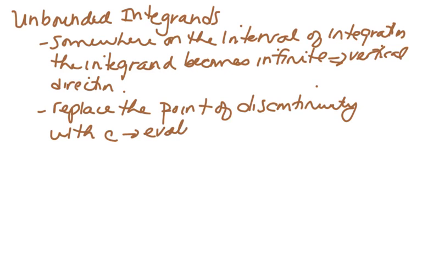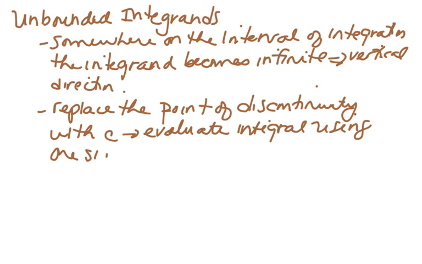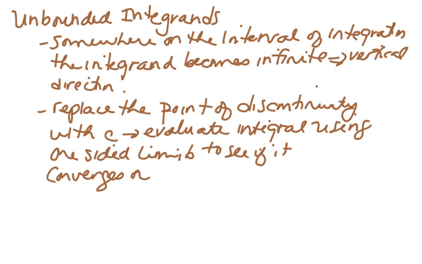So then we'll evaluate the integral using one-sided limits to see if it converges or diverges. So we're going to look at the different cases. Alright, I'm going to pause here and bring in my charts.